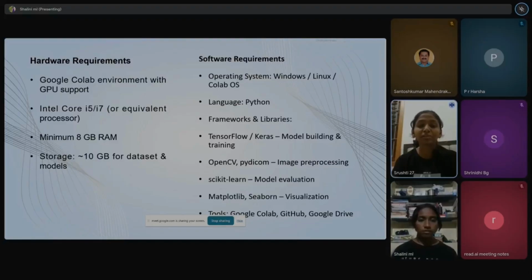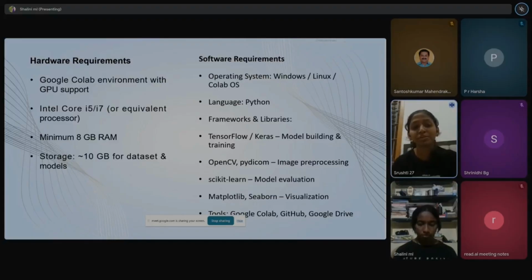TensorFlow and Keras, which help with model building and training, and Scikit-learn, which helps with model evaluation for machine learning algorithms like SVM, regression, clustering, etc. OpenCV helps with image processing and computer vision tasks like detecting faces, objects, etc. We also used Matplotlib and Seaborn for visualizations, and the tools are Google Colab, GitHub, and Google Drive.